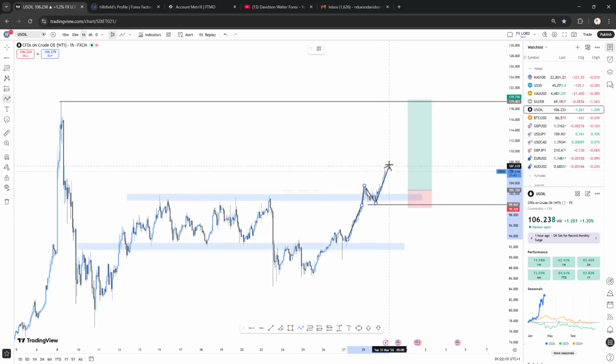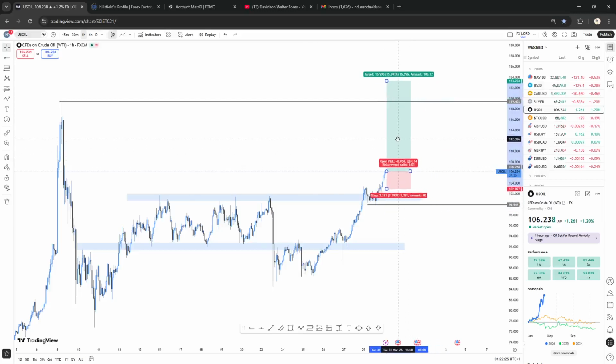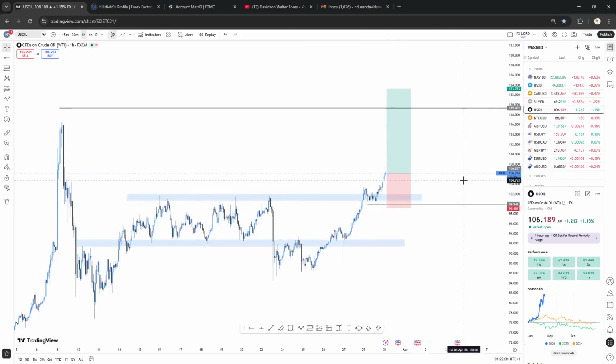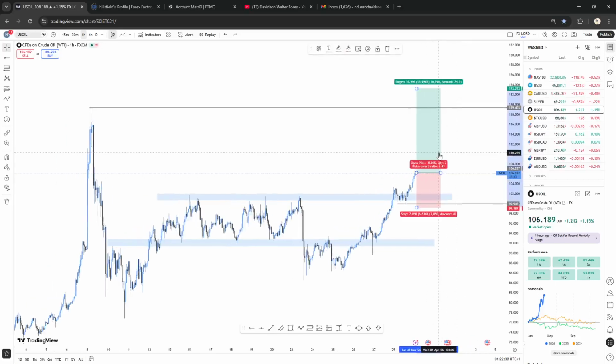So what I'm looking out for now is, I can't get into this market at this level. Why? Because if I get into this market at this level, my stop loss is going to be all the way down here. The stop loss is too wide, the risk is too much, so I'm not going to risk this much.